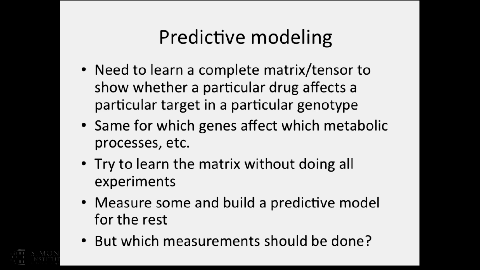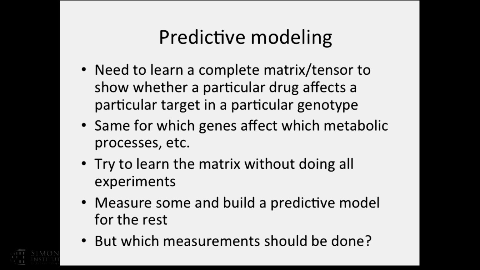So let's take a piece of that, where we're going to try to learn for some system a matrix or tensor that describes the responses of the system as a function of different sets of variables.